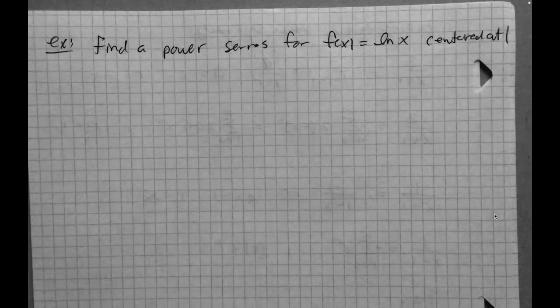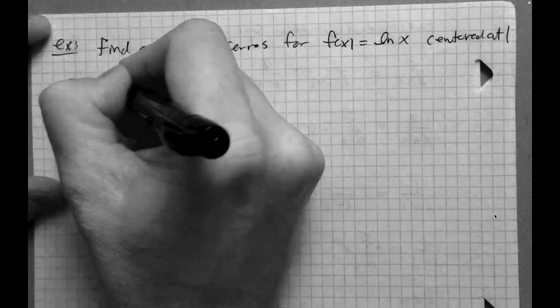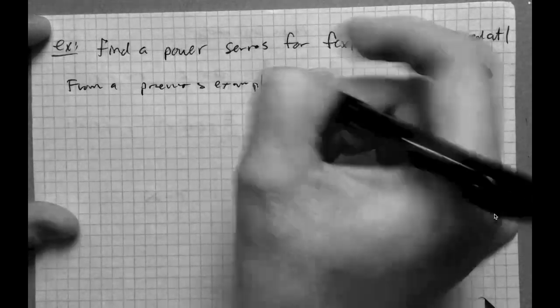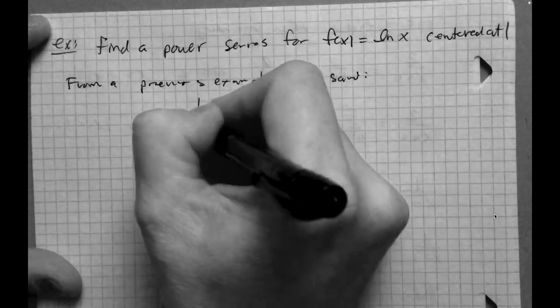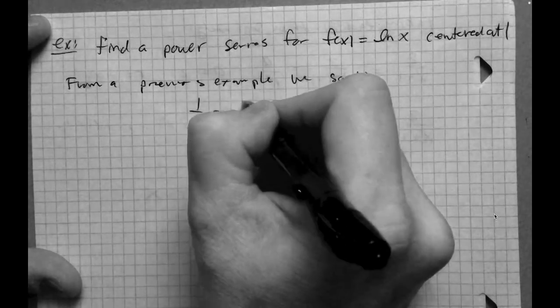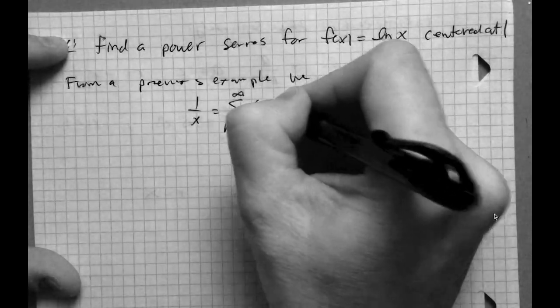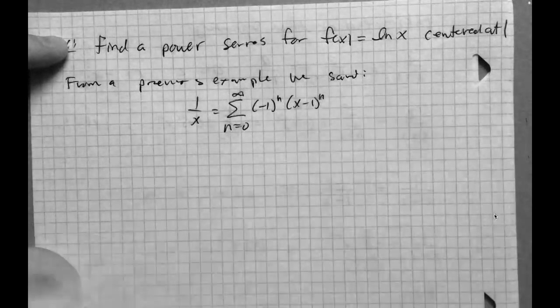So in a previous example, we saw that 1 over x was equal to the sum from n equals 0 up to infinity of negative 1 to the nth power times x minus 1 to the nth power.